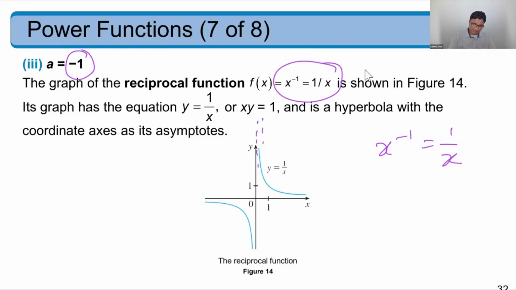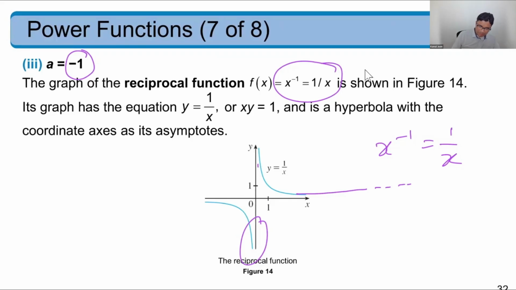So it goes to infinity. Similarly, on the negative side, when it gets closer to 0, it goes to negative infinity. Whereas when you take large values of x, 1 over x goes to 0. It gets smaller and smaller.